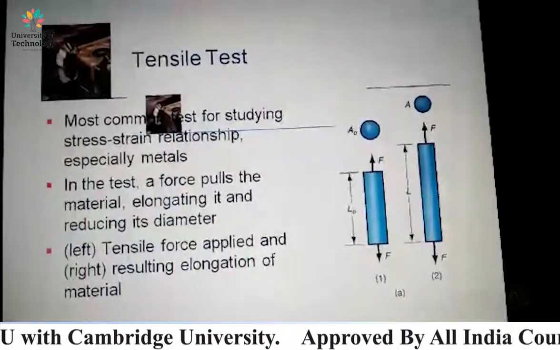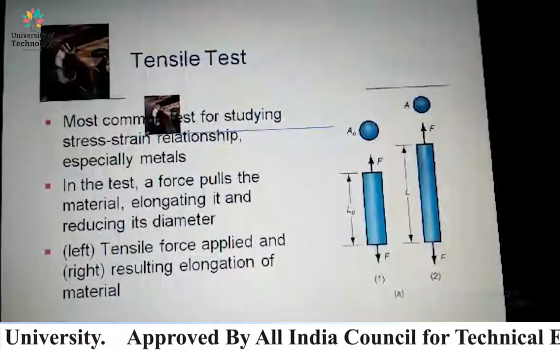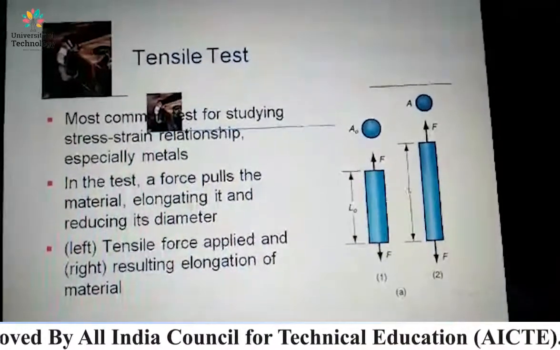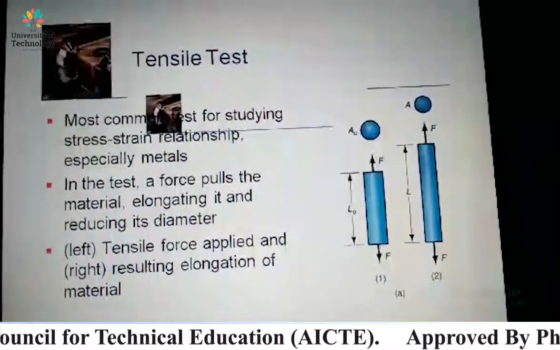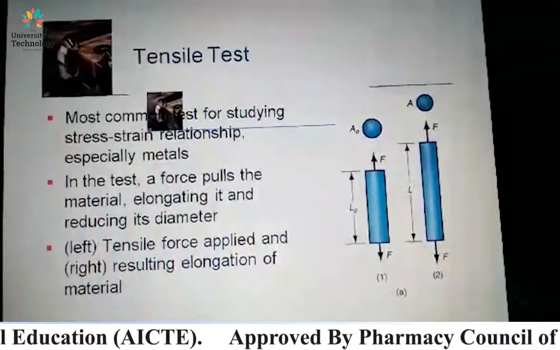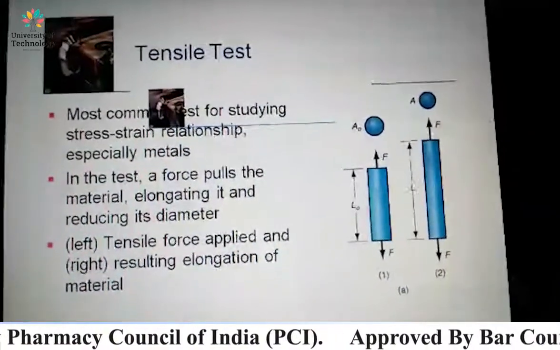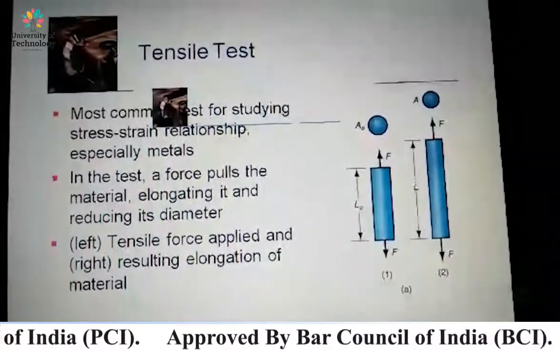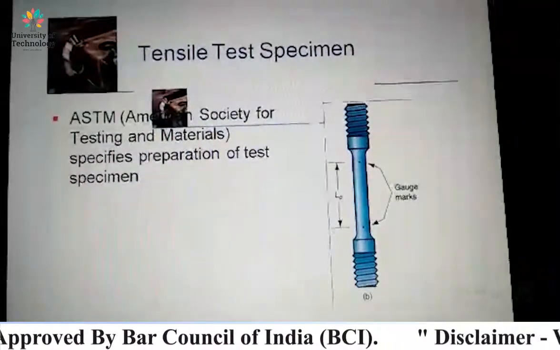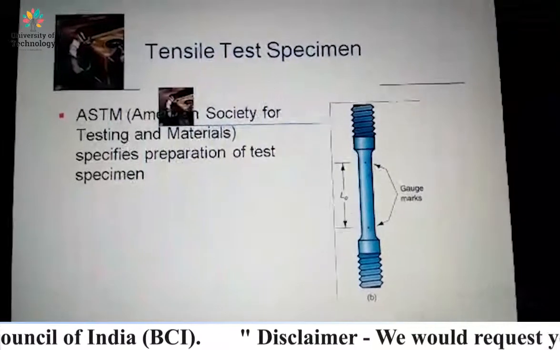On the left, tensile force is applied, and you can see this diagram. The first diagram is the applied tensile force, and the second diagram is the resulting elongation of the material, right? And this is the tensile test specimen.